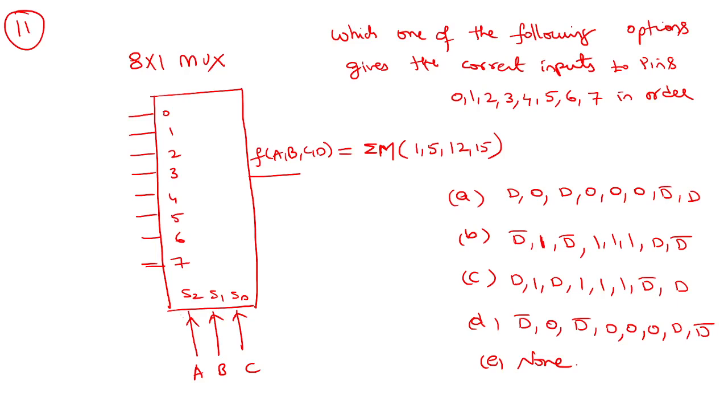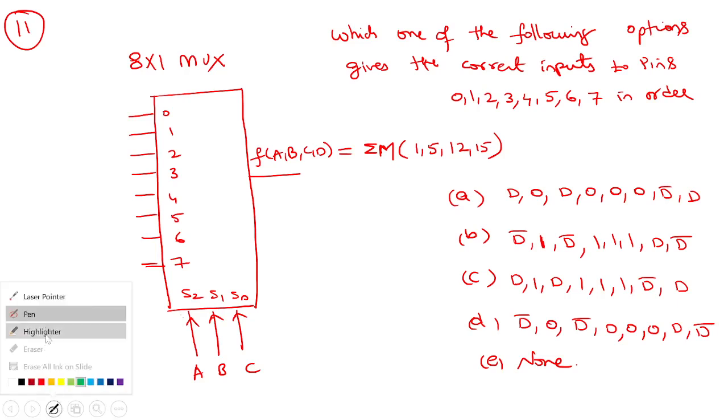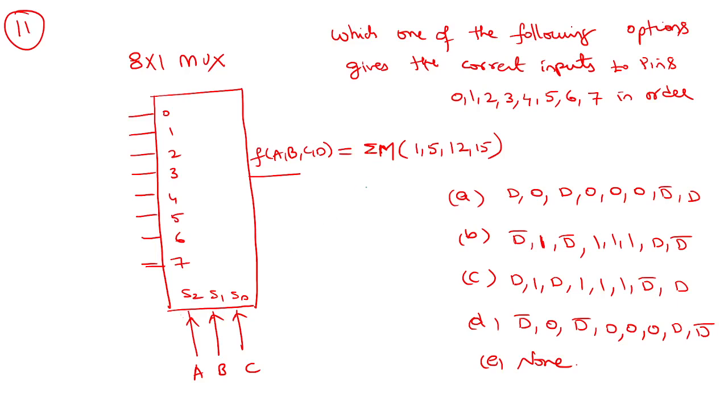Solve this. Let me see how much you have understood. There is a mistake here. Let me correct this. This is not sigma. This is pi. Capital M comes only when there is a product. Small m comes when there is a sum.